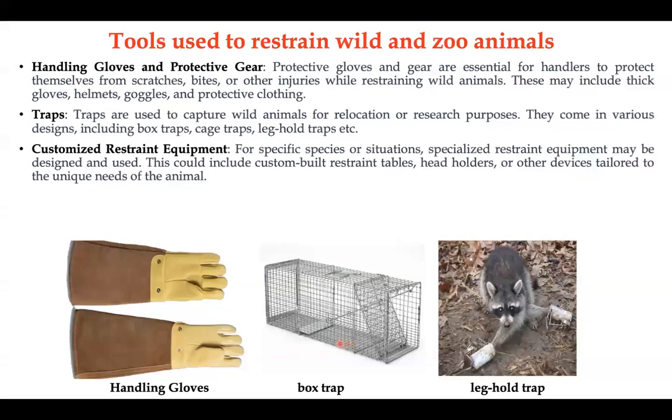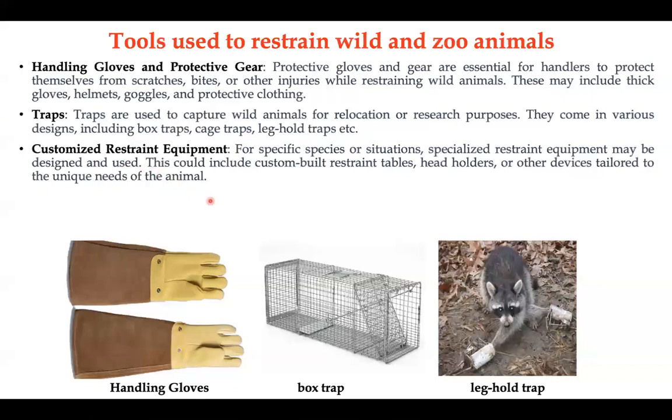The box trap in particular is used for transportation of animals, for both large and small animals. This is a small box trap, but there are large boxes as well to trap larger animals. They come in various designs, including box traps, cage traps, leg hold traps, etc.